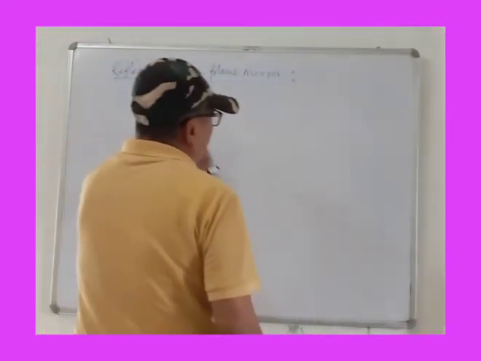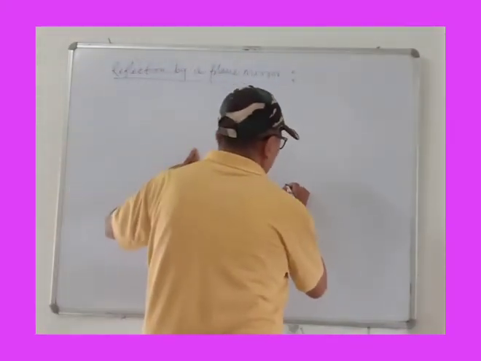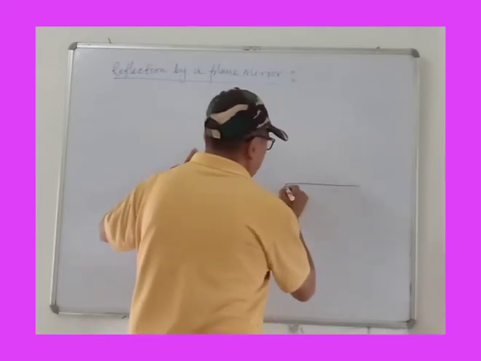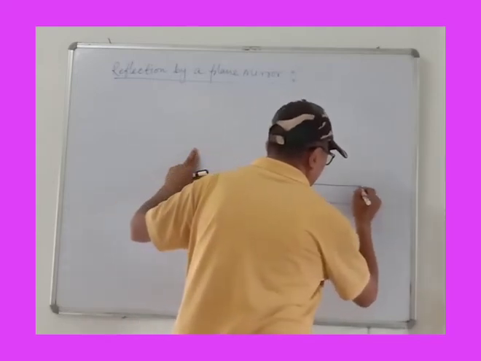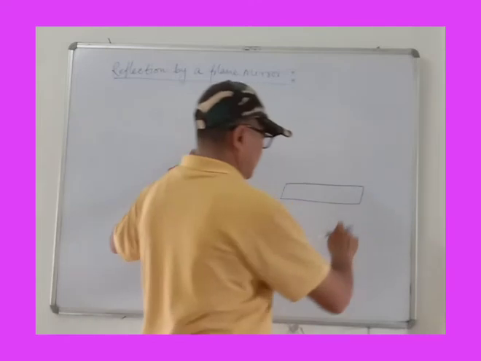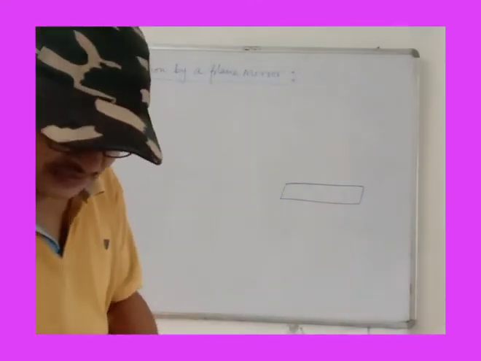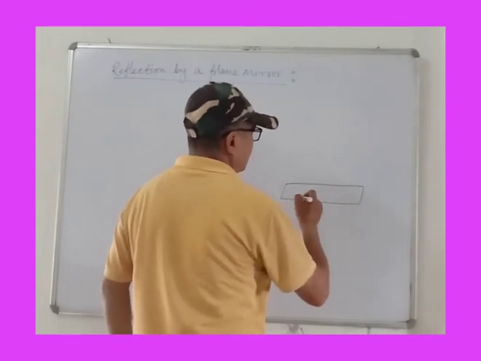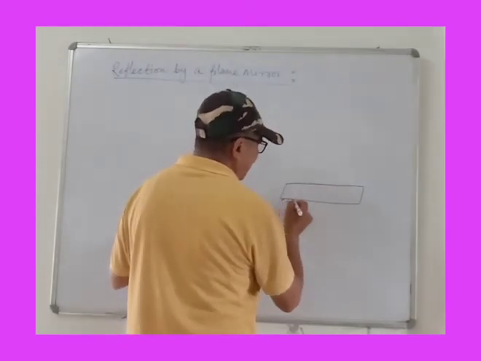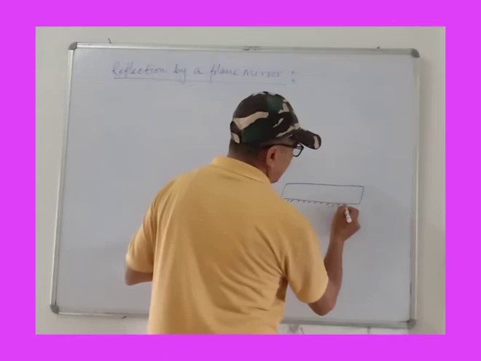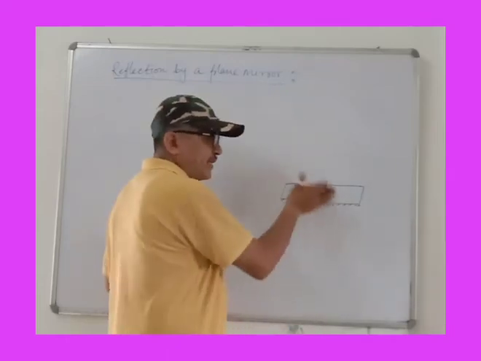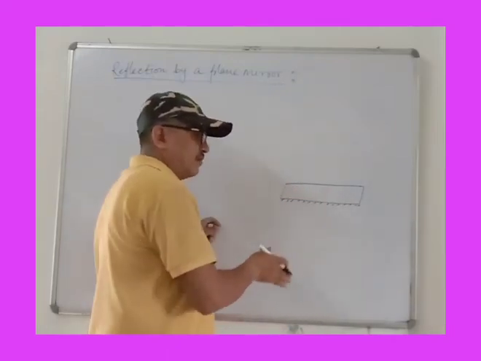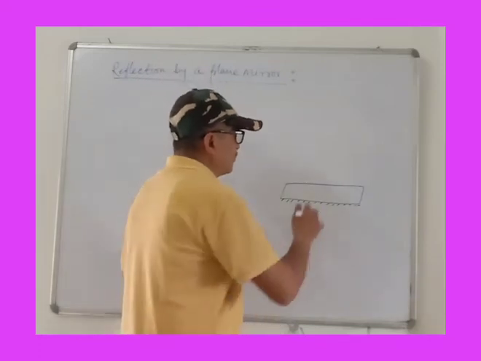Okay, now let me tell you one inside story. Suppose this is a glass sheet. I am telling you that the back side is painted. So light will fall.